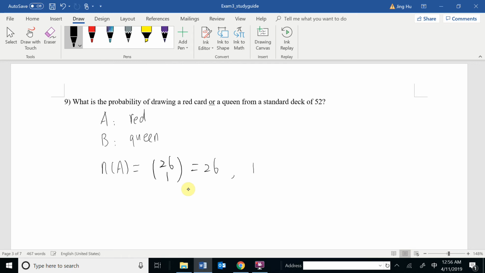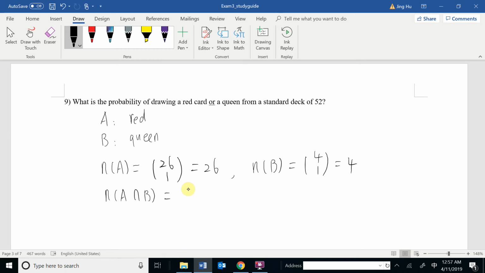Let's count getting a queen. We have 4 queens, then getting 1 queen is 4. But we have an overlap: A intersection B is a card that is red and also a queen.